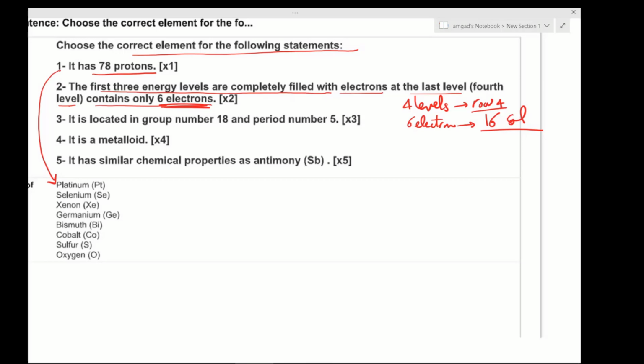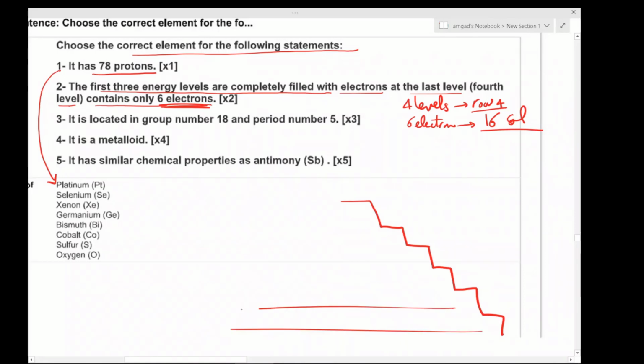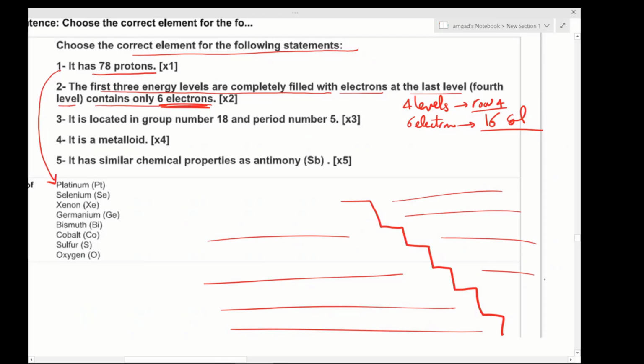It's very easy to differentiate between metals and non-metals. Usually you will find something like a ladder in the periodic table. The metals are to the left, and the non-metals and metalloids are to the right. There is only one non-metal to the left, which is hydrogen.